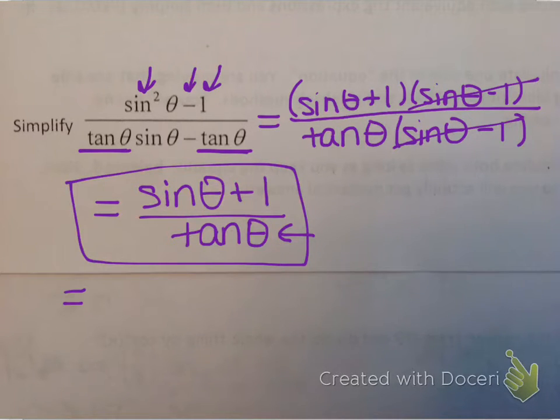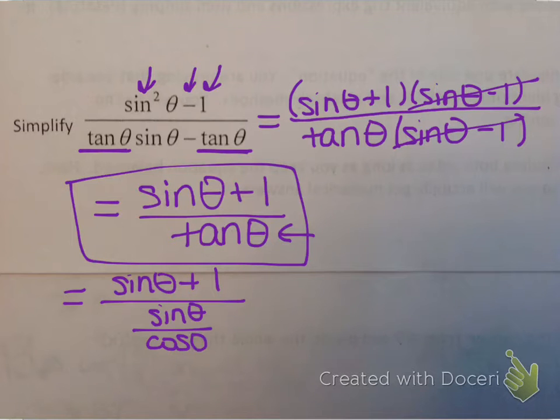And so if you did that, then you would be dividing by a fraction, which means then the next thing you could do is you could turn it into multiplying by the reciprocal.